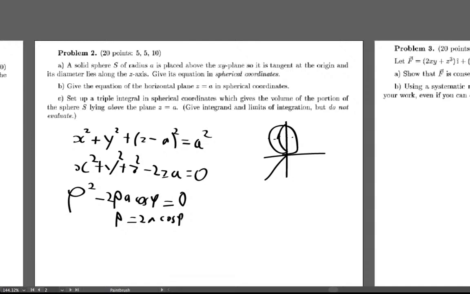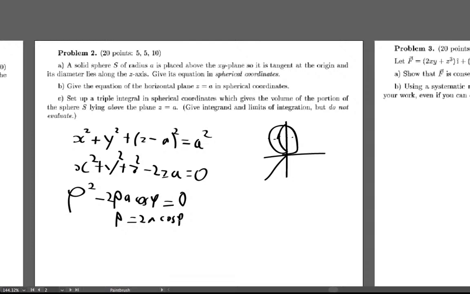You could crack that out and figure out what psi is. Psi is pi over 2 or negative pi over 2, which makes sense here, because the psi here never goes into the negative values. So that's that.